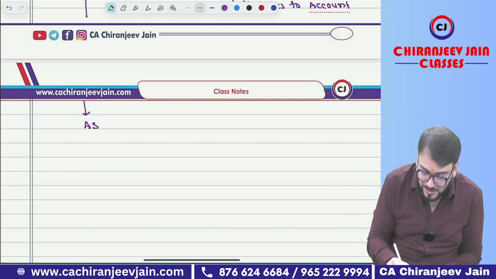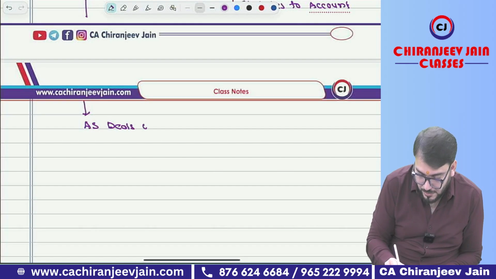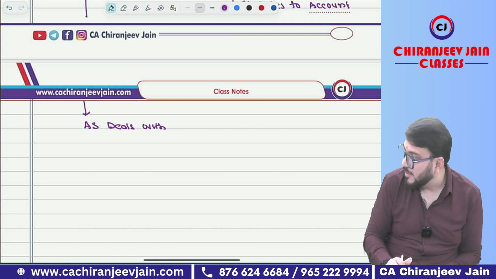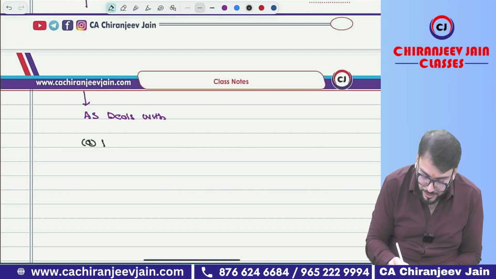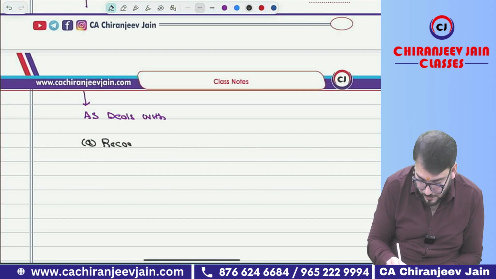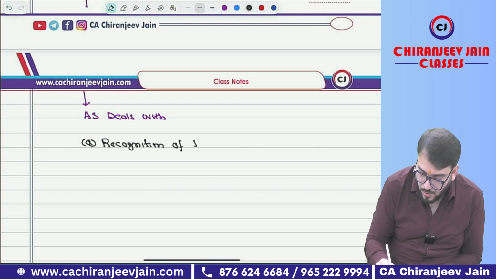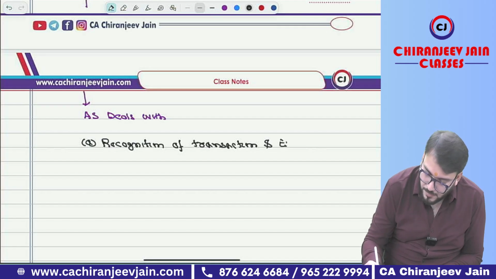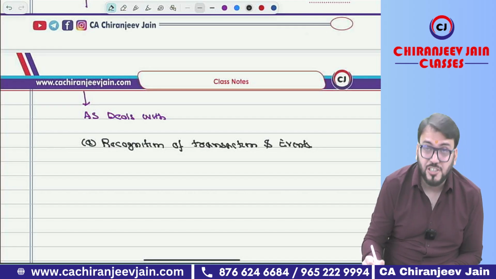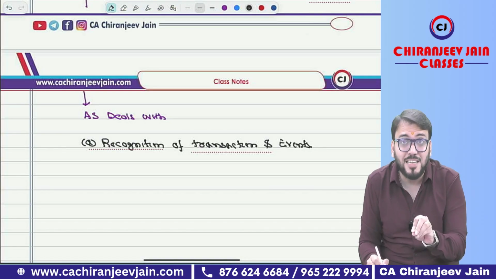So accounting standard AS deals with point number A, recognition of transactions and events. How to recognize any transaction event.